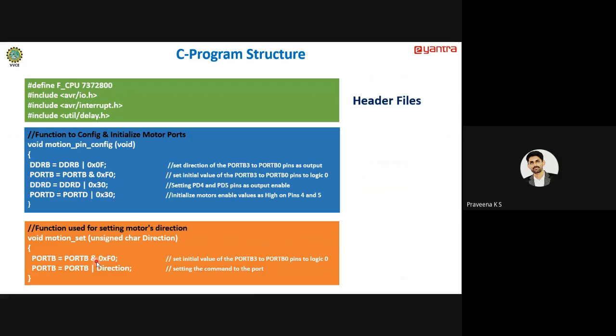Why? Because every time you give a new input for a particular direction in your function, you have to reset the port B lower nibble pins. Otherwise, what happens? Here you can see you're performing OR operations, right? If there is a pin set in port B in the lower nibble and you directly send this value, it will perform the OR operation.